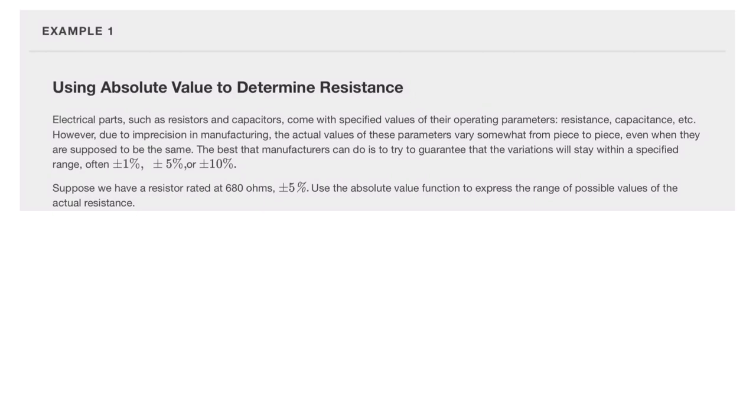The best that manufacturers can do is try to guarantee that the variations will stay within a specified range, often plus or minus 1%, 5%, or 10%. Suppose that we have a resistor rated at 680 ohms plus or minus 5%. Use the absolute value function to express the range of possible values of the actual resistance. Let me think about it.